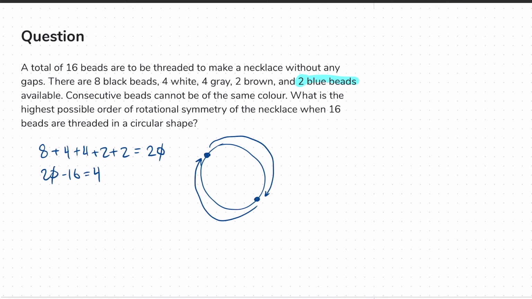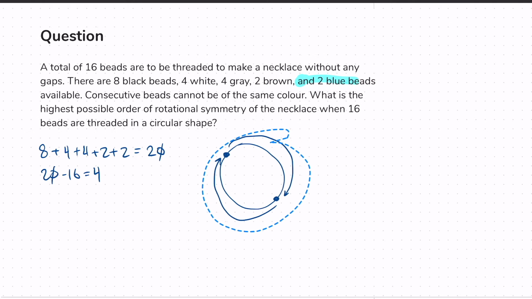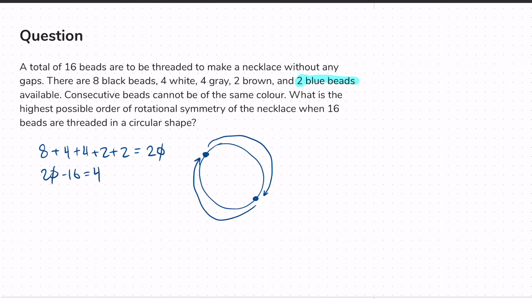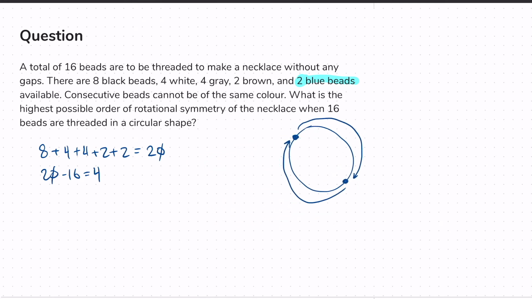So if we use the blue beads or the brown beads, we're only going to have 2 orders of symmetry. So with that in mind, we are going to not include the brown and the blue beads. So I'm going to cancel them out.